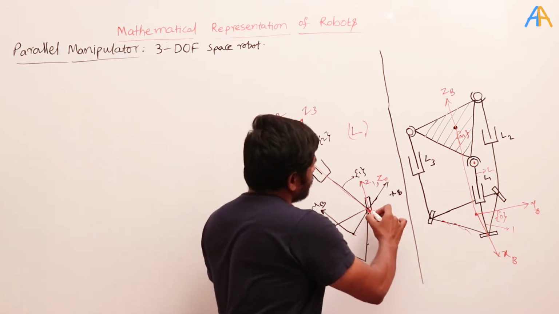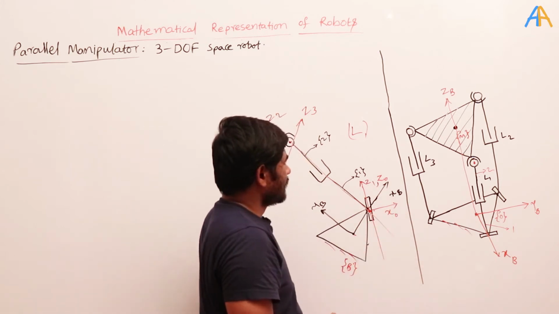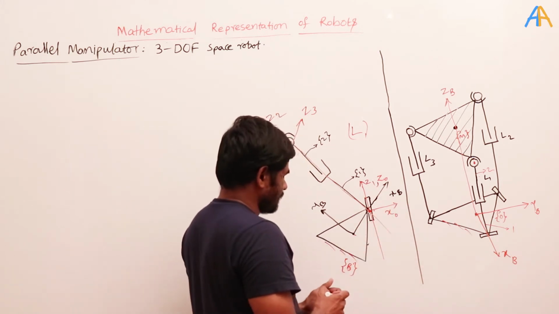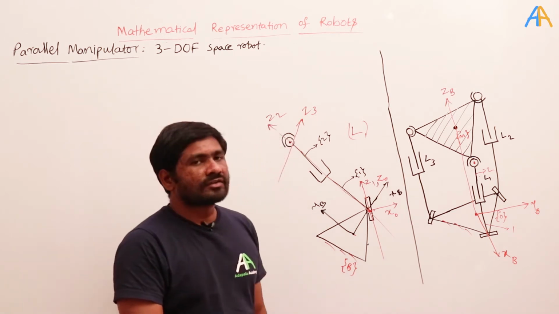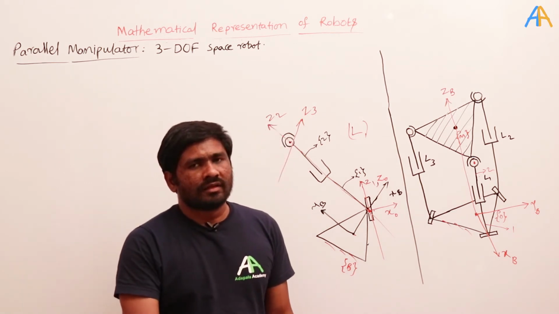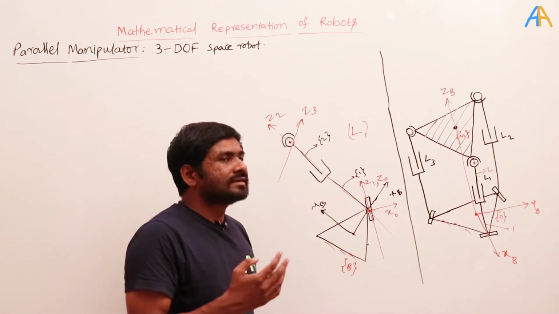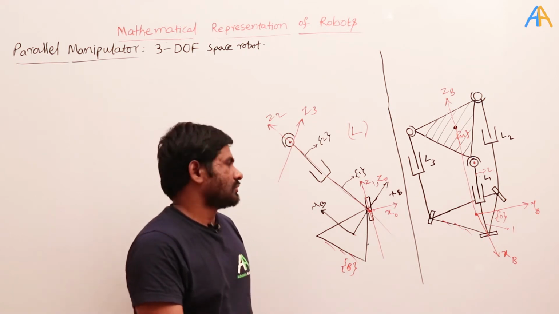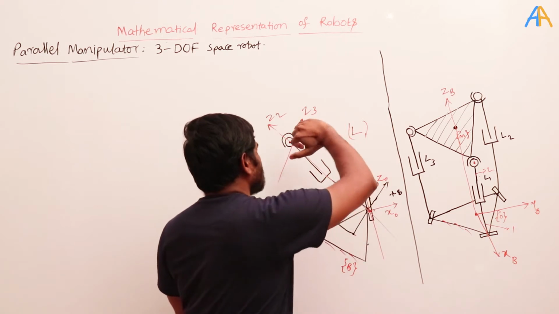So something like this, this is x0. And then x1 is the perpendicular distance between Z1 and Z2. This is Z2 and this is Z1, and this is the perpendicular distance.